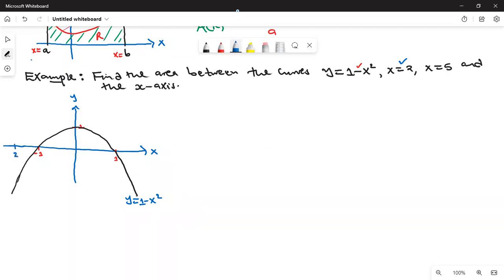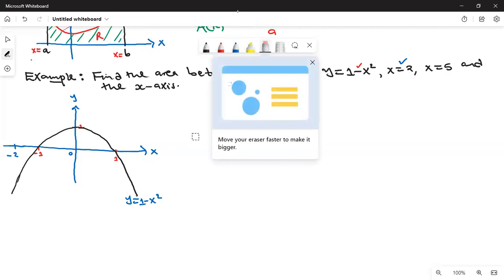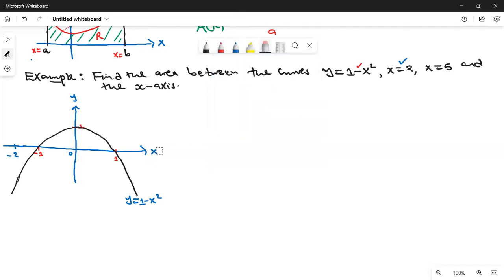No, this is negative 2. Take note, this is 0. 2 will be somewhere here. Let me extend this other side. We are drawing. So I'll get 2 somewhere here. I'll get 5 somewhere here.